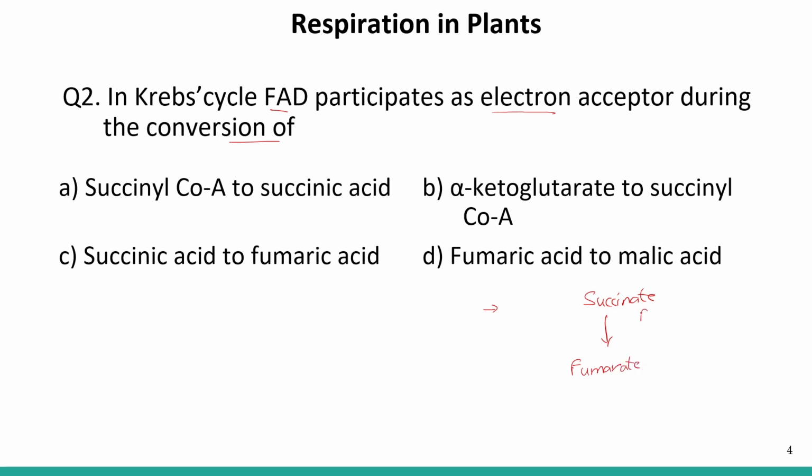FAD acts as an electron acceptor and gets converted into FADH2. So the answer is option C, from succinic acid to fumaric acid.